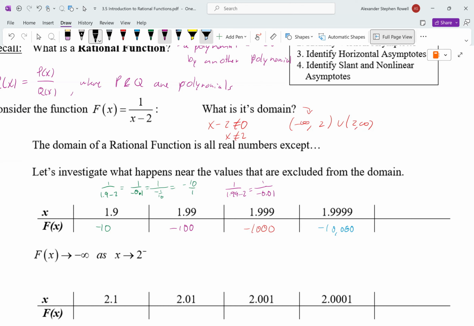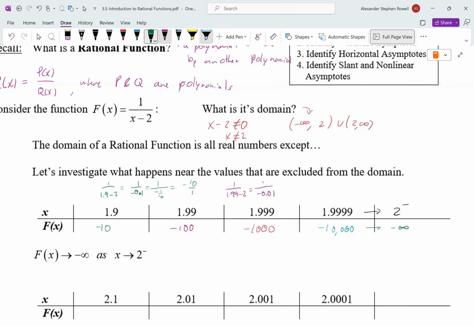So as x approaches 2 from below, what does our y value approach? Good, negative infinity. Very good. So we say the y value of our function approaches negative infinity as x approaches 2 from below.